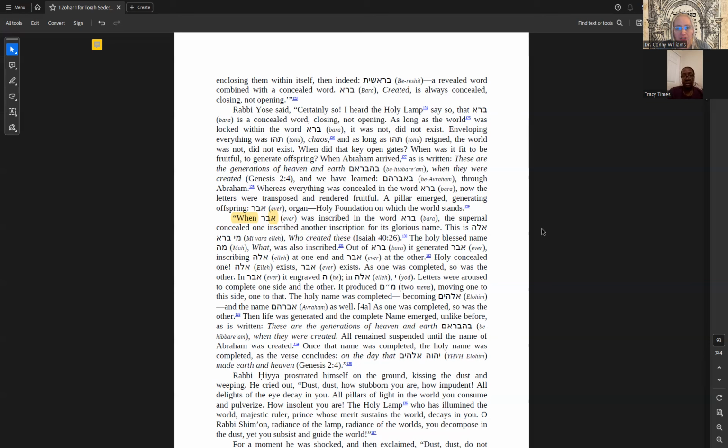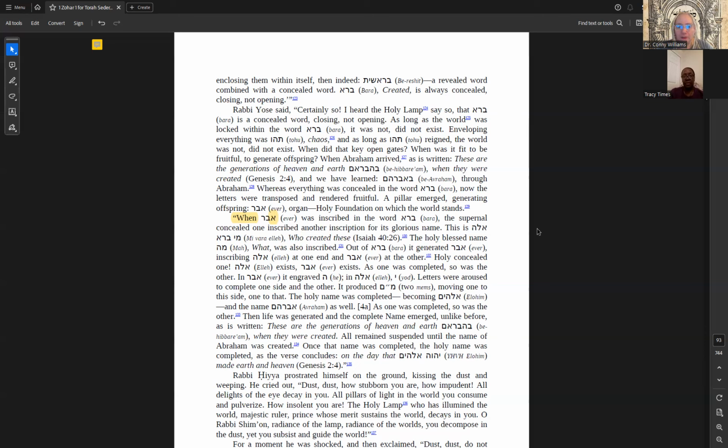The aleph is just switched around, which is very common in any of the literature of the Torah, whether that's Midrash, Talmud, or what have you. So we will see that quite often. In other words, we can see Ever in bara.